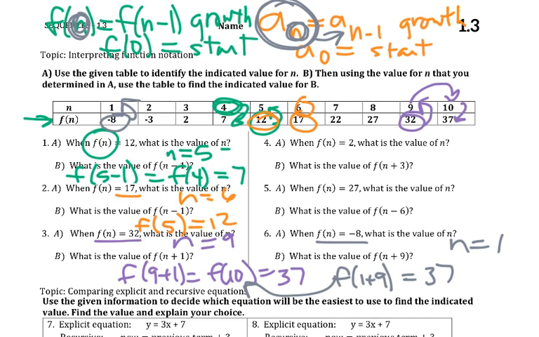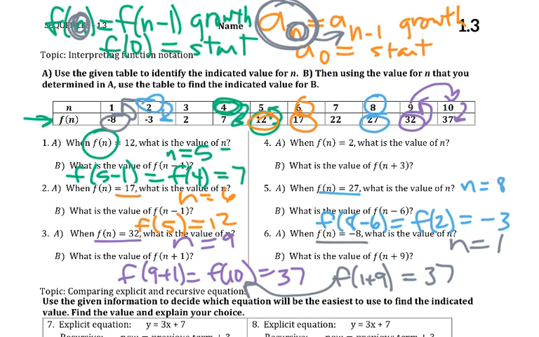Okay. Number 5, f of n equals 27. 27 is right here, n equals 8. So f of n, or 8 minus 6, is 2, so f of 2 would be, 2 is right here, f of 2 is negative 3. Okay.